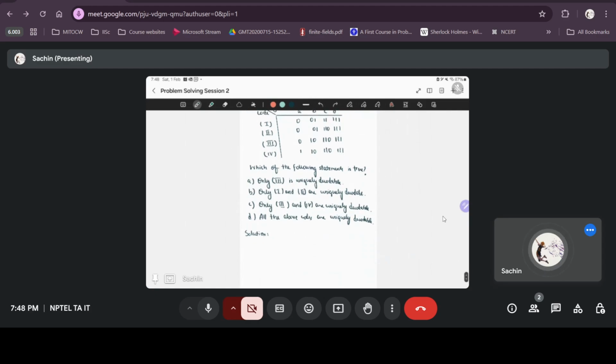For example, consider the first code. Suppose you receive a sequence such as this: 0011. Now, is this 00 and 111?